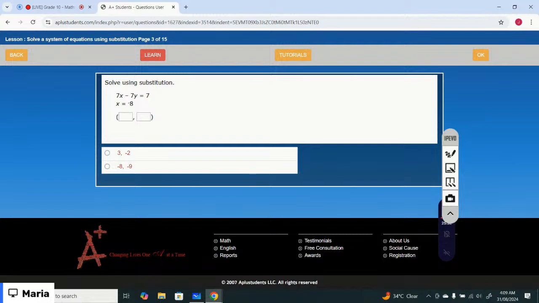So solve using substitution. So which is the correct option?